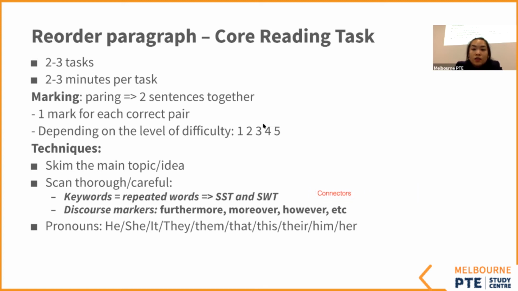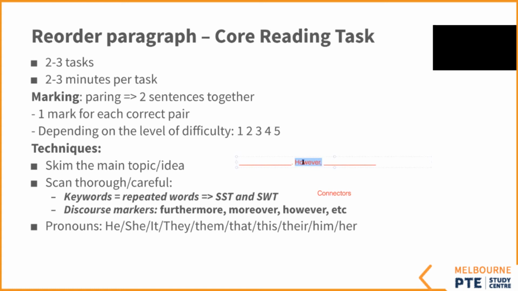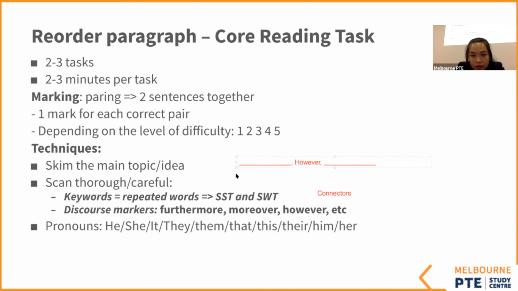For example, if I write something here, and then I use however, and then I write the next sentence, when I see the connector, that means it needs to have a sentence before it, correct? So when you are reading, you need to pay attention to connectors, which are discourse markers. I will explain to you why later.